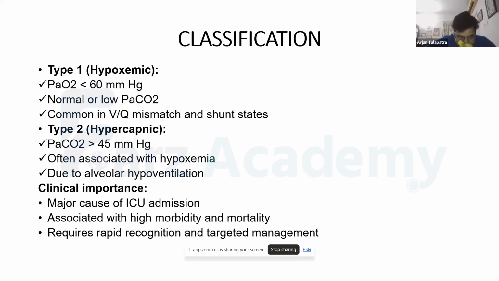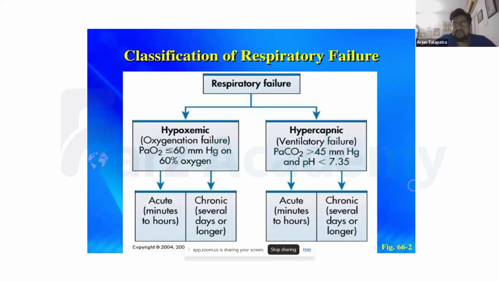So respiratory failure is one of the major causes of ICU admission, and it is associated with high mortality and morbidity, and it also requires rapid recognition and targeted management. So again, if we classify it as hypoxemic or hypercapnic, hypoxemic respiratory failure can be acute, which develops over minutes to hours, for instance, a patient who's developed a pneumonia, or it can be chronic when it develops over several days to longer.